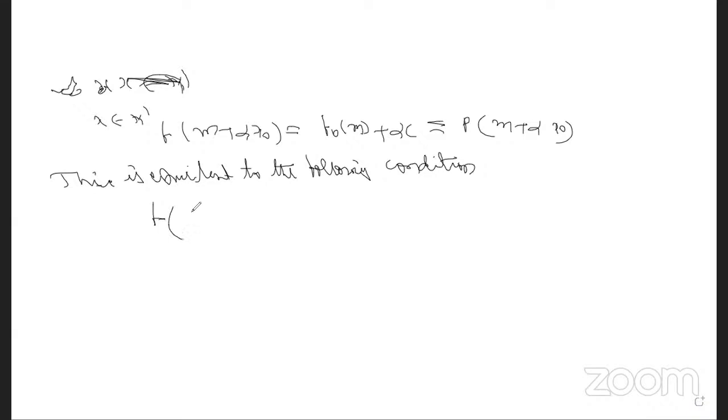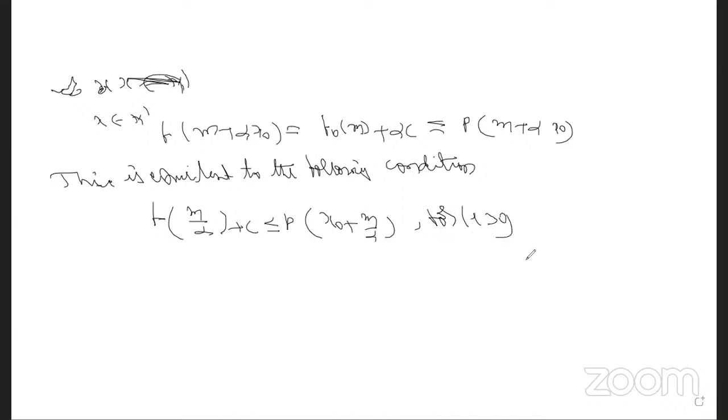f naught of m divided by alpha plus c less than or equal to p of x naught plus m by alpha, for alpha greater than 0.